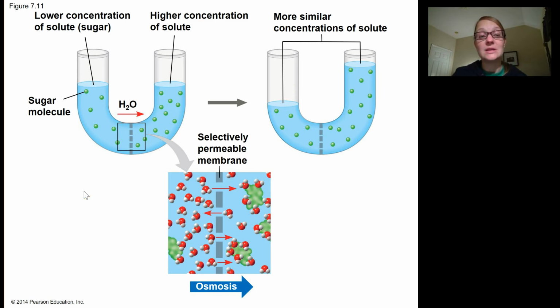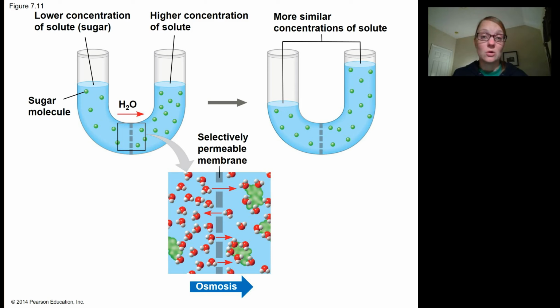But again, the problem is that that membrane down here at the bottom is not permeable to sugar molecules. So all the sugar molecules on the right-hand side are stuck on the right-hand side, and all the sugar molecules on the left are stuck on the left-hand side. So in this case, the sugar does not move, and yet the system still wants to reach equilibrium.